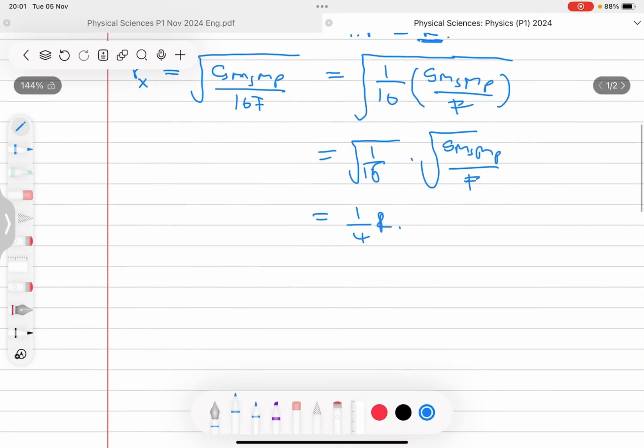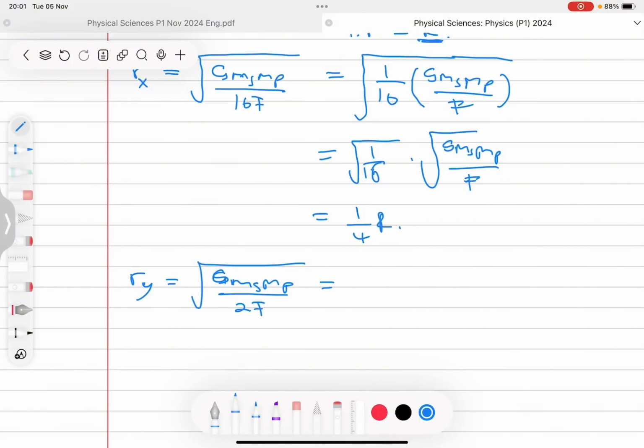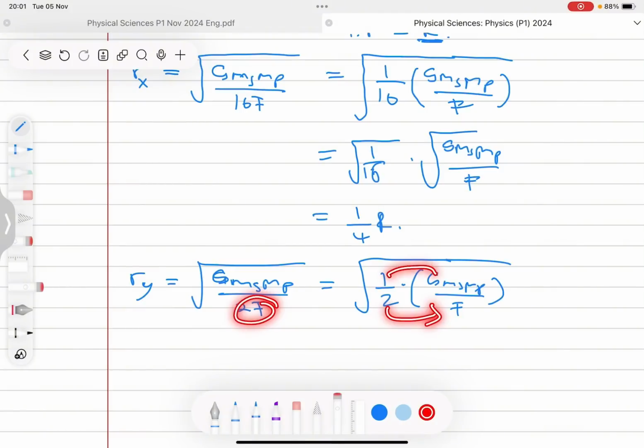So we'll do the same math to say r at y will be given by the root of the universal constant Ms Mp, but the force here now is F over 2, so that now I will have a common factor of 1 over 2 multiplied by G Ms Mp over F. I only have an F here because this times this will give me that.